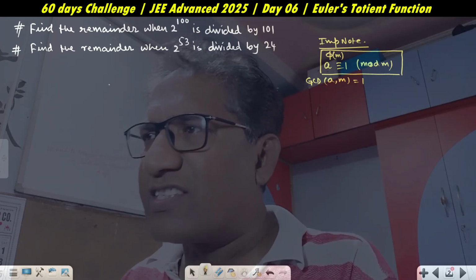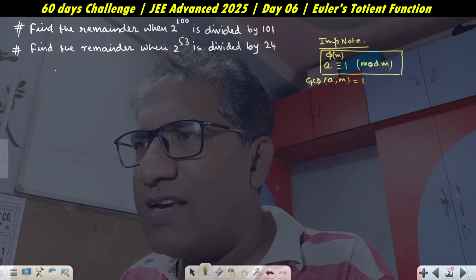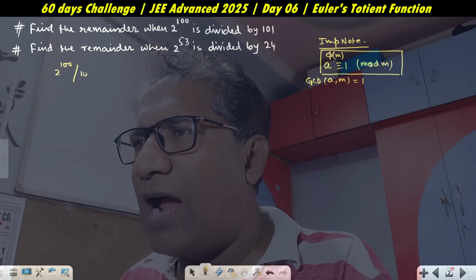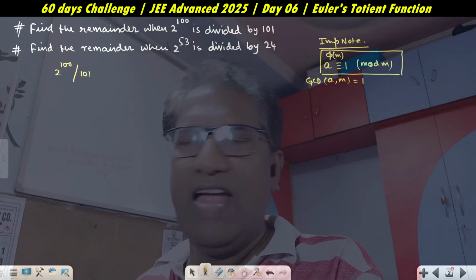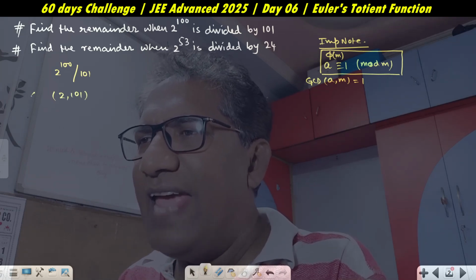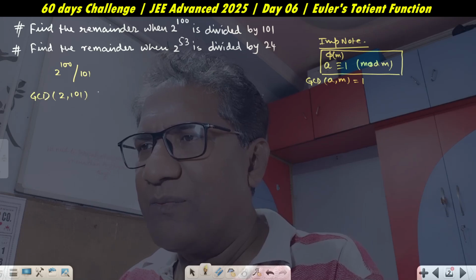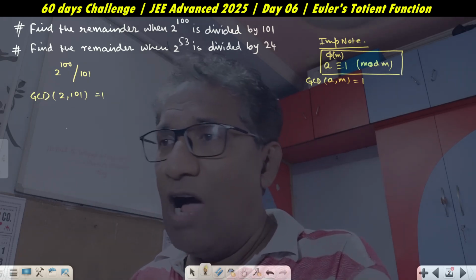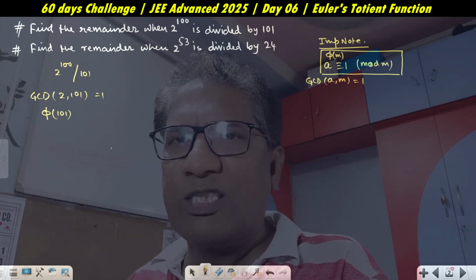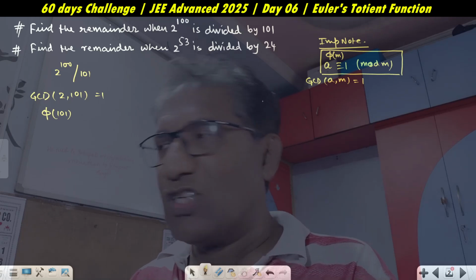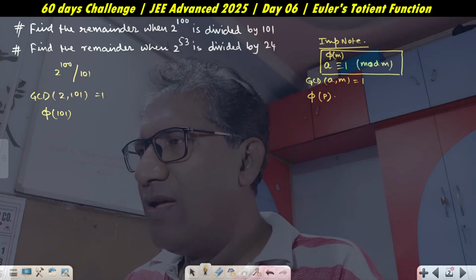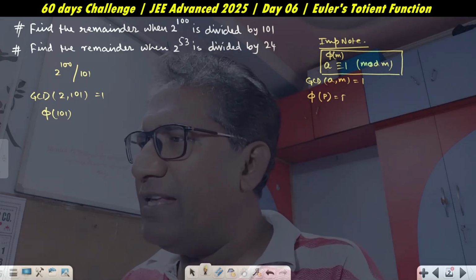Let us consider the first case. The question is, what is the remainder when 2 to the power 100 is divided by 101? Straight away I see that 2 and 101 are co-prime to each other. Now, what is the Totient number of 101? 101 is basically a prime number. So as I told you, for any prime, the Totient number of that prime is P minus 1.